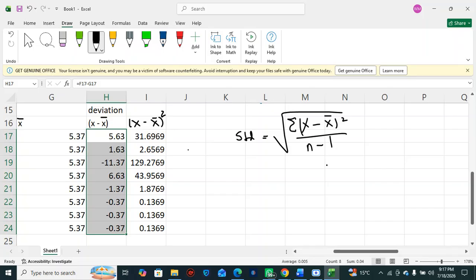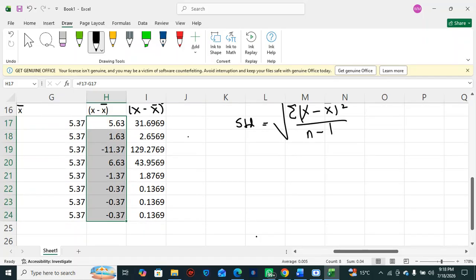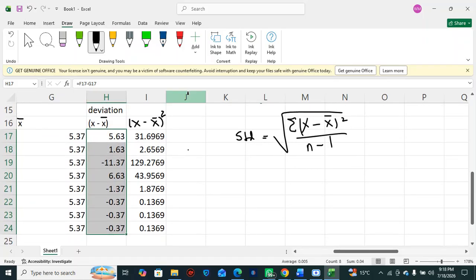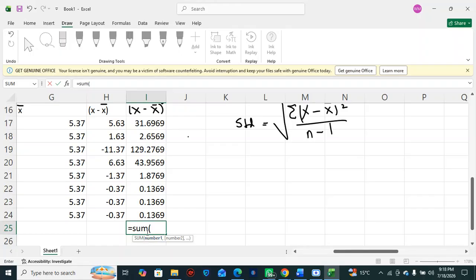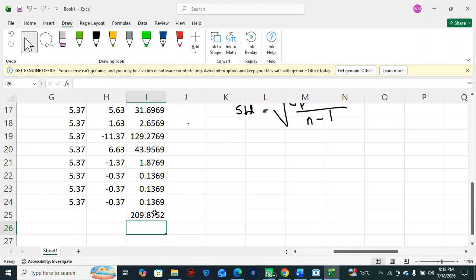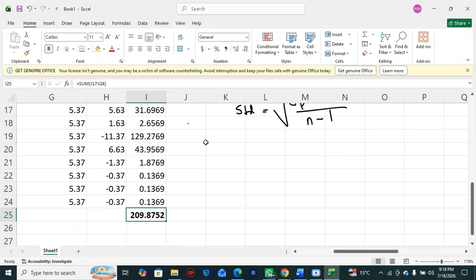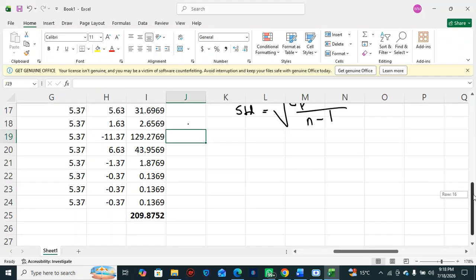This is the formula I'm using, okay, colleagues, to get the standard deviation. So once we've squared each deviation, we get the total. We add all these squared deviations, and we get 209.8754.